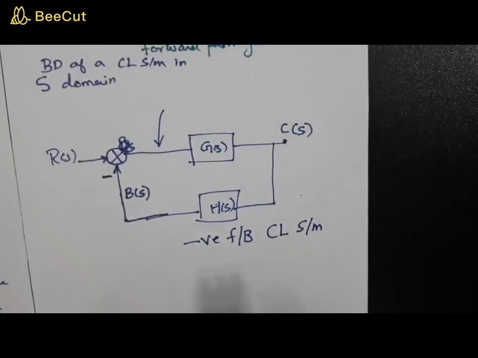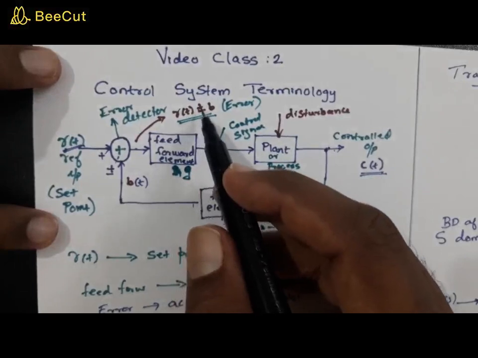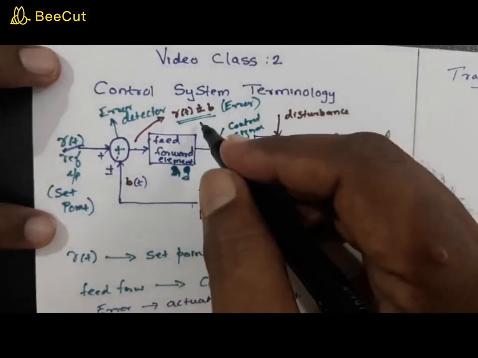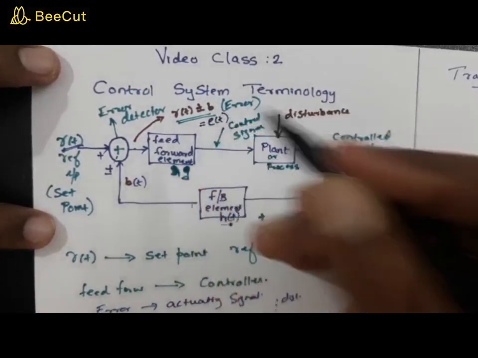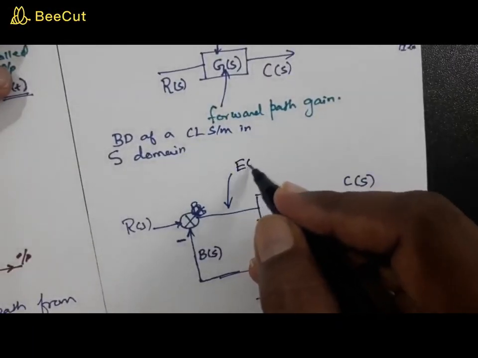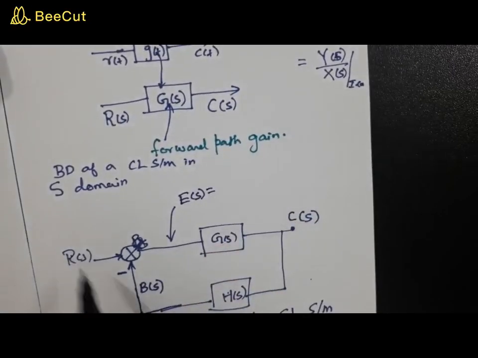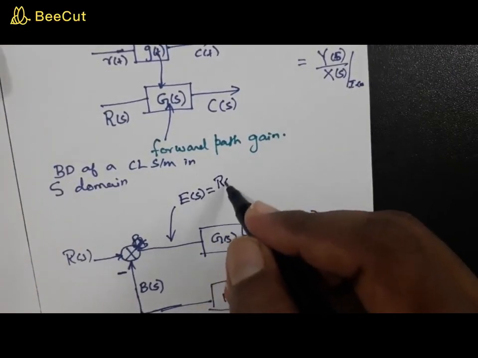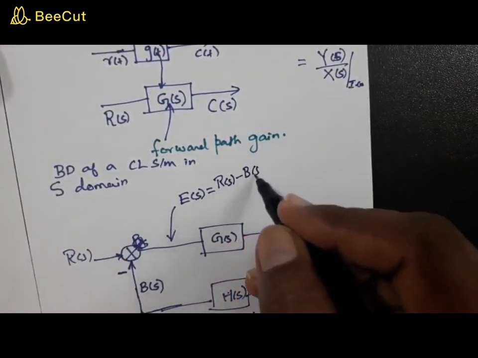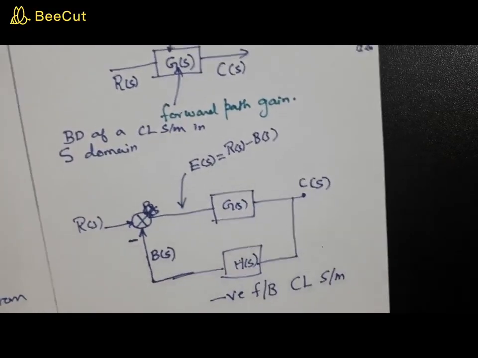This is a negative feedback closed loop system. And this signal is the error signal, r of t plus or minus b, represented by small e of t. In the S domain, E of s is equal to R of s minus B of s.